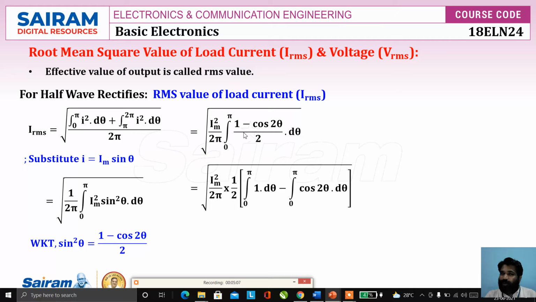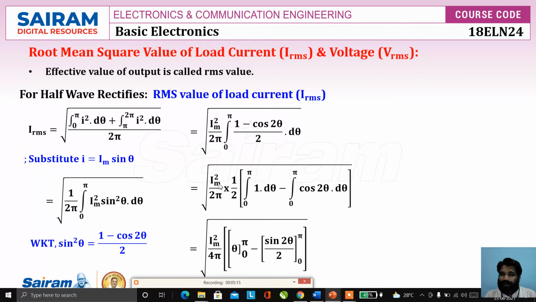So integration of 1 d theta minus integration 0 to pi of cos 2 theta d theta. Further this can be written as Im squared by 4 pi. Integration of 1 is theta from 0 to pi, minus integration of cos 2 theta, which is sin 2 theta by 2, with limits 0 to pi.